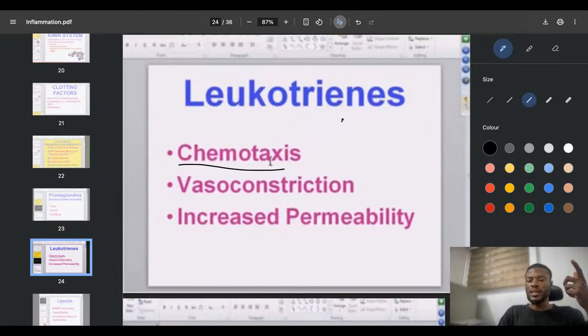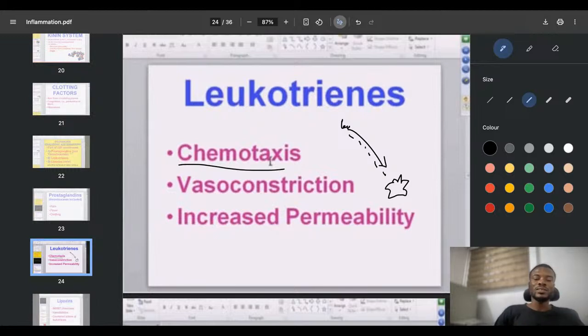It gives the leukocyte a direction, because the tissue space is a big place, and the inflammation is not necessarily happening everywhere. So it is these leukotrienes that give the track for the leukocytes, the white blood cells, the neutrophils, to know where to go and find the bacteria or any bad guy, any foreign agent that is causing havoc.